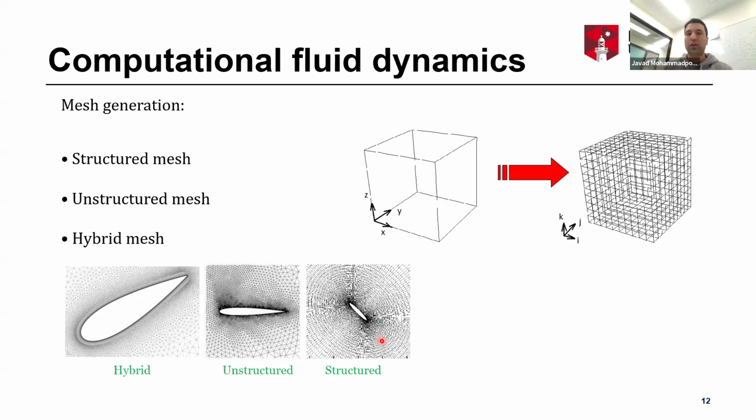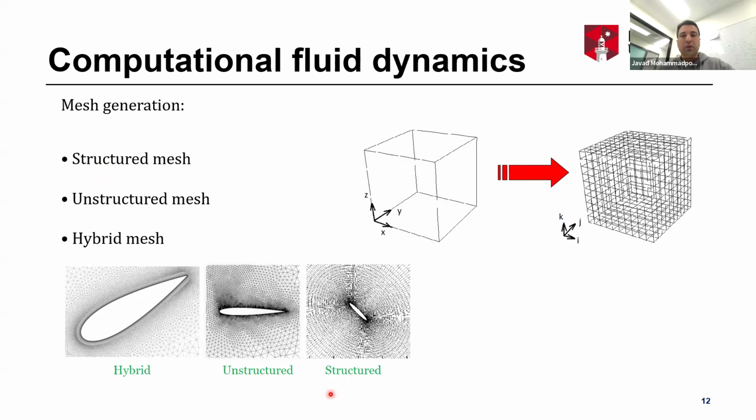After that, you need to discretize the geometry, this box for example, into very small, tiny cells. So we have two different meshes. We have structured mesh and we have unstructured mesh.